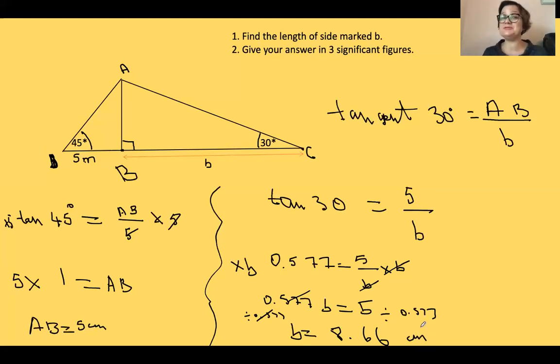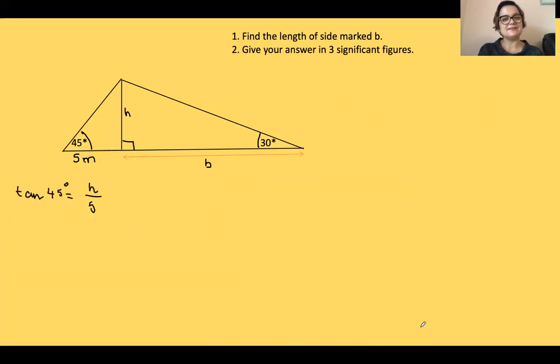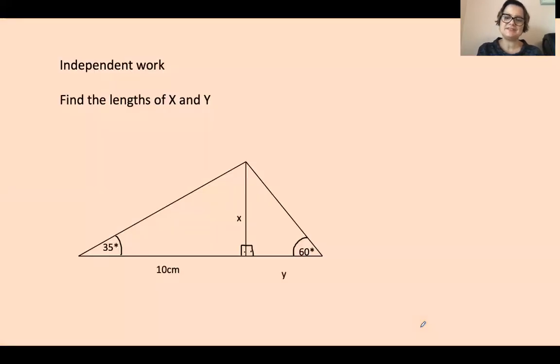All right, so sometimes you may not be able to find the answer straight away, but you need another step. So have a look at other right angle triangles that are involved in the picture, and just work out the solution slowly. Now here, you need to find the length independently. This is your independent work.